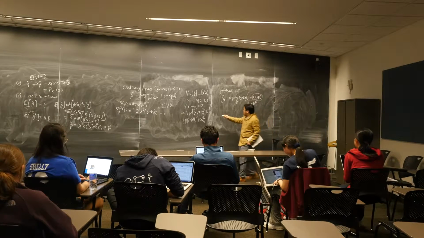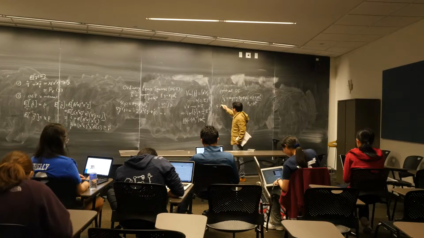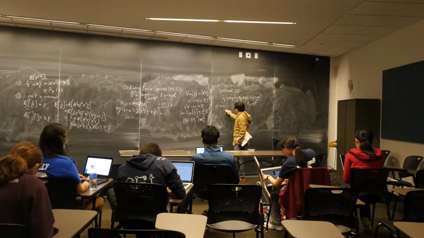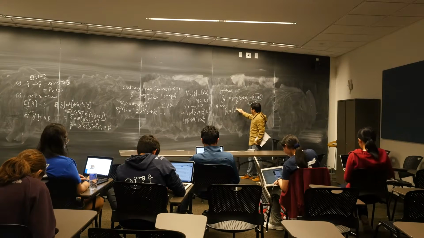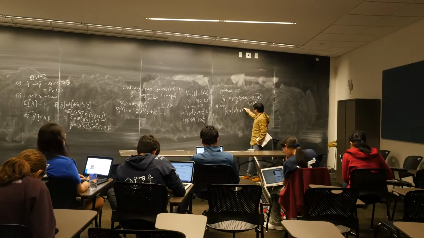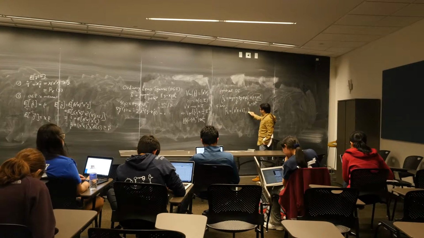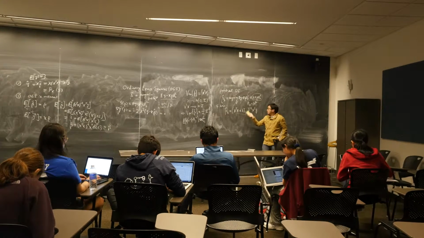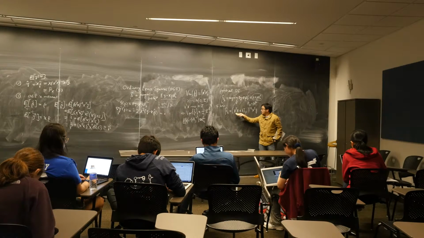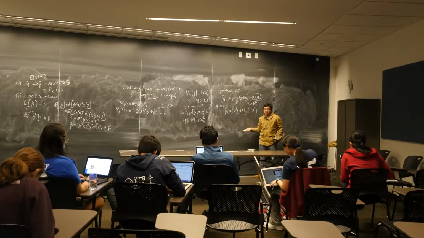So if lambda is larger than 0, I always have theta hat equals (X transpose X plus lambda I) inverse X transpose y. So you can see this matrix is always invertible as long as lambda is larger than 0. It doesn't really matter whether X transpose X is invertible or not.